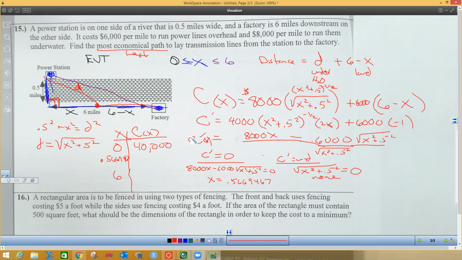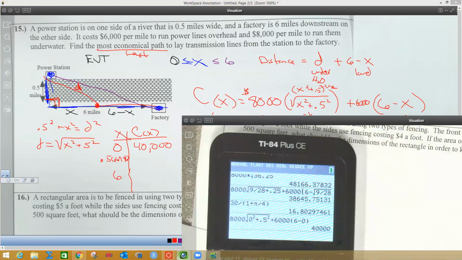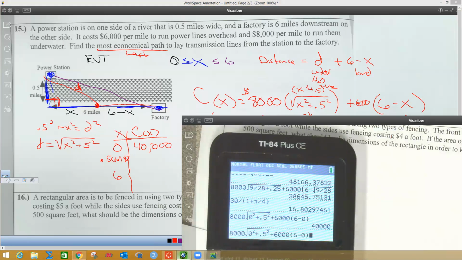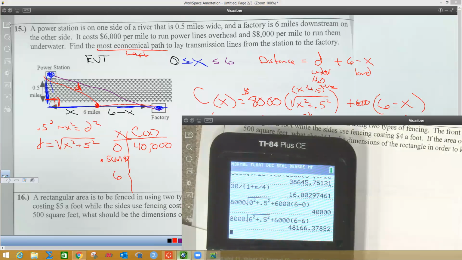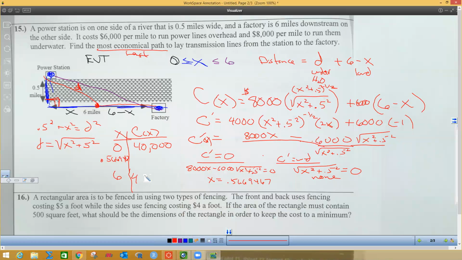Okay, then I'm going to put my screen back up here. All right. So then what I can do, if I hit second enter, it's going to type in what I just had. So now I can go back in here and change that 0 to a 6. I'm going to do my other endpoint. If I put a 6 in there, if I go straight from the power station to the factory, this is going to cost me $48,166.